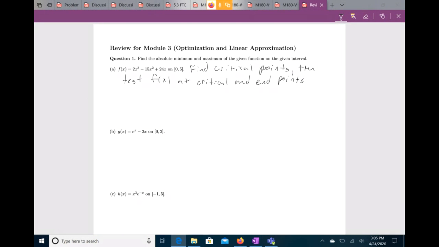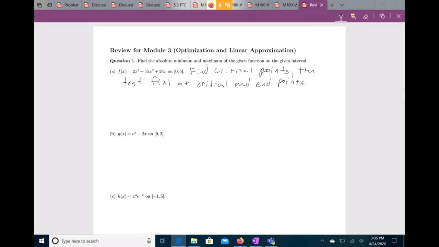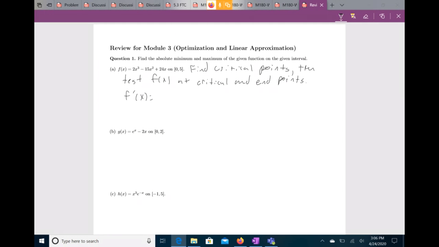All right, so we find critical points by taking a derivative and then seeing where the derivative is either 0 or undefined. Let's take a derivative of f. What's the derivative of 2x cubed?